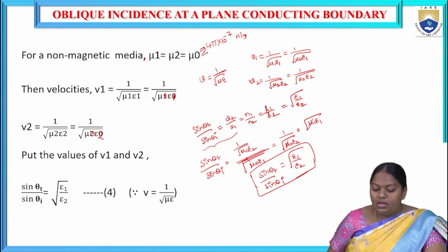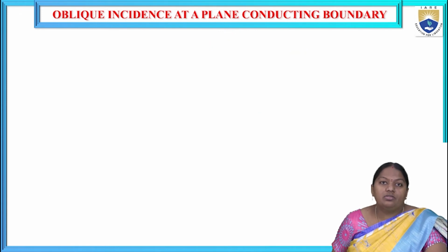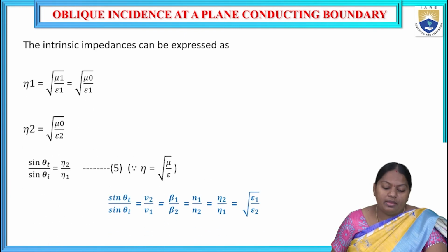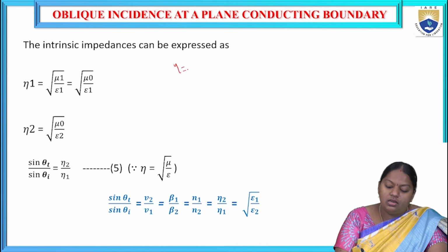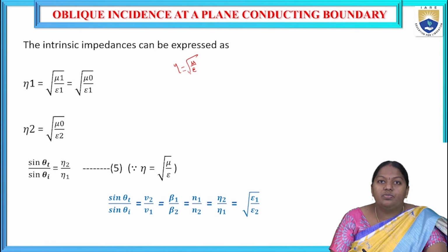Now one more characteristic parameter is left out, that is the intrinsic impedance of the medium. To derive that, the intrinsic impedance for a dielectric medium can be expressed as eta equals root of mu by epsilon. Why?